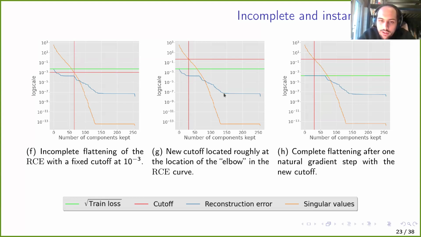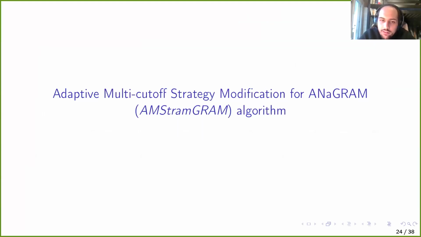And we would like to use it also, because we see that here we can go up to 10 minus 7 instead of 10 minus 4. Here it is the square root, so it means that the training loss will be at 10 minus 6 or 10 minus 7. And so these are the key insights of the new algorithm, what we call the AMStraMGRAM algorithm.